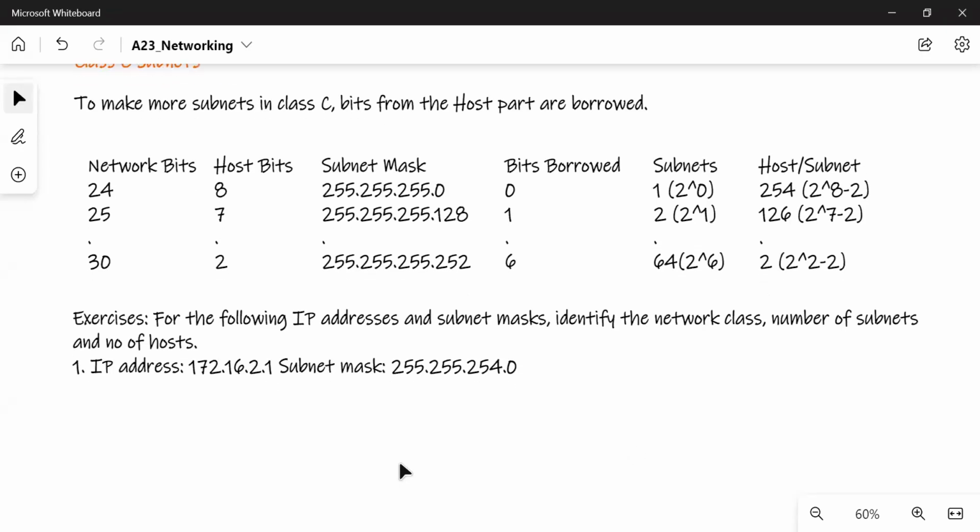Now, given this IP address, the first thing that you can notice is it starts with 172.